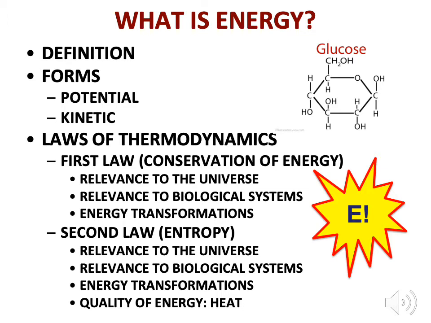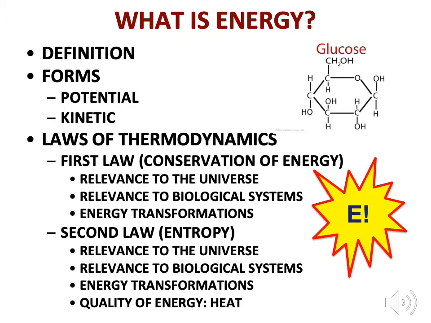Relevance to biological systems, let me talk about that cat again. The cat walked around the block. In walking around the block, the cat took advantage of some stored energy, potential energy, converted into kinetic energy, which was then transformed into heat radiating from the cat, and probably also some friction, at least involved in the contraction of the cat's muscles and maybe in the action of the cat's toes on the pavement.